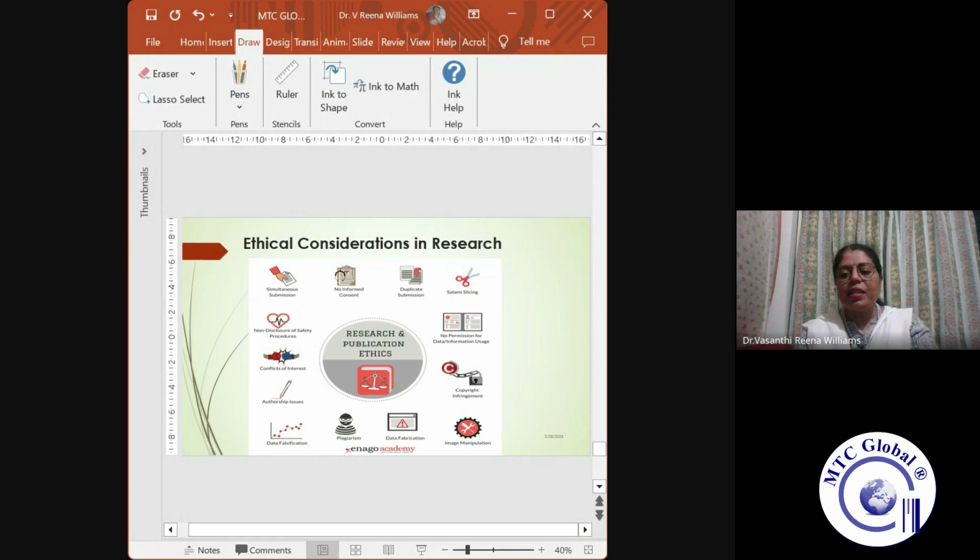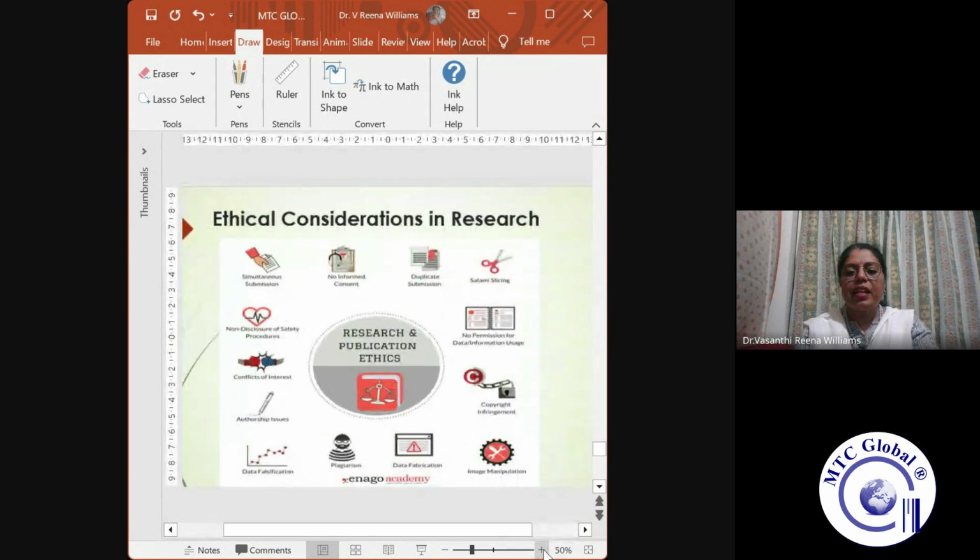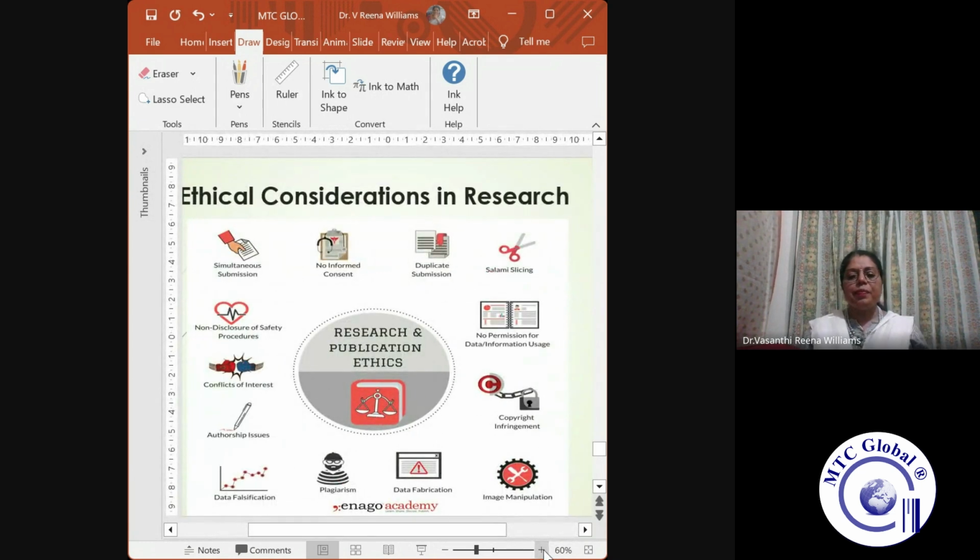So what are the concepts under that? I'll just enlarge this again so that it is easier. Yeah, see here also I have included the name from which I have taken the image. So what are the ethical considerations? Simultaneous submissions, 2 or 3 people giving the same submission, that means you're copying together, or no informed consent.